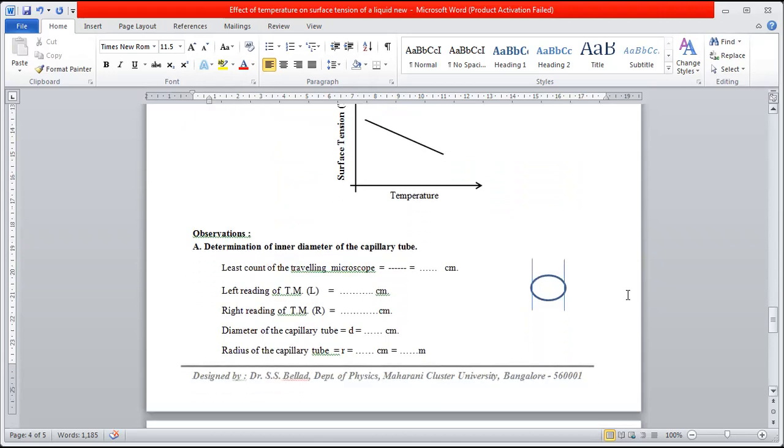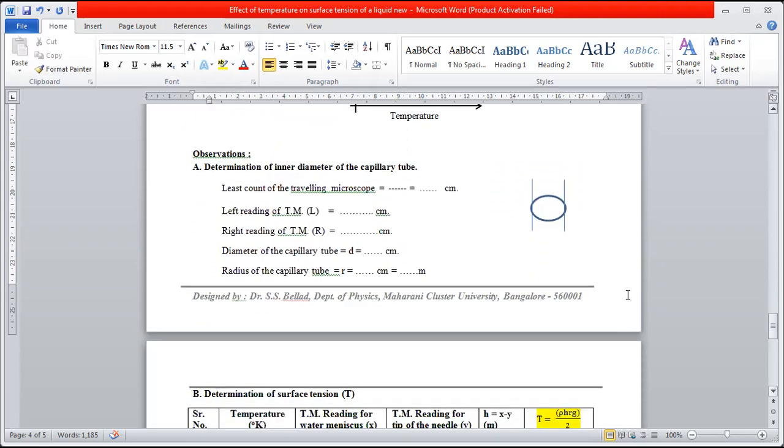And what are the observations here? You will have to determine the inner diameter of the capillary tube. For that, you need again the traveling microscope. You have to find out the least count of the traveling microscope.